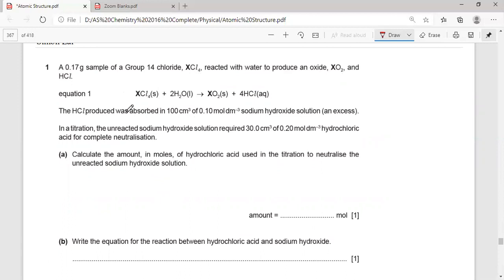The HCl produced was absorbed in NaOH, which reacts. Acid-base, with excess NaOH, meaning the unreacted NaOH you will titrate again with some HCl. In a titration, the unreacted NaOH required so much HCl. So draw it out like that. So here you've got.